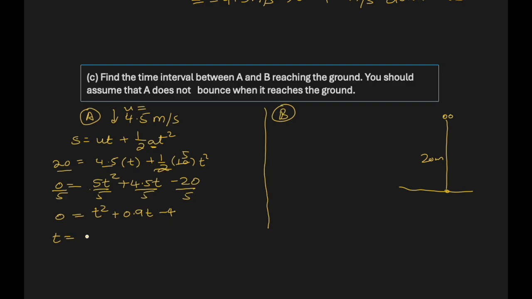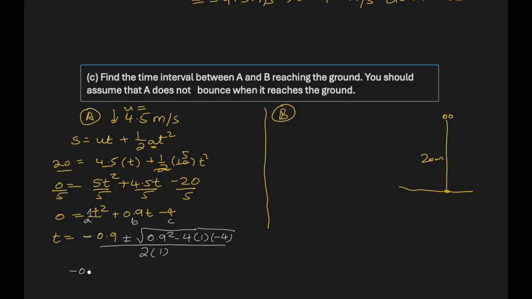So t will be minus b. I hope you understand, this is a for me, which is 1, this is b, and this is c. So minus 0.9 plus minus the square root of b square, 0.9 square minus 4 times a times c, over 2 times a.